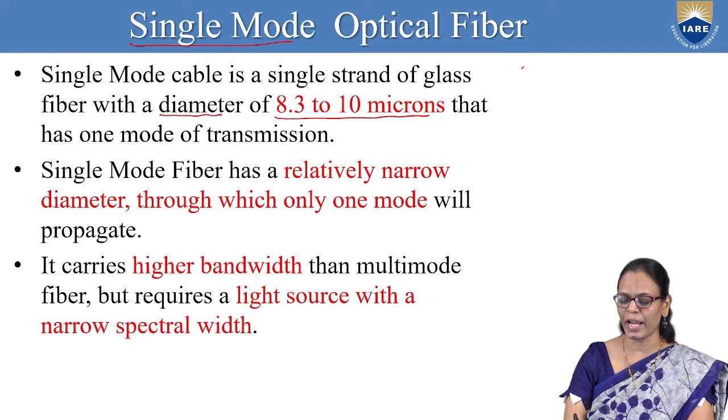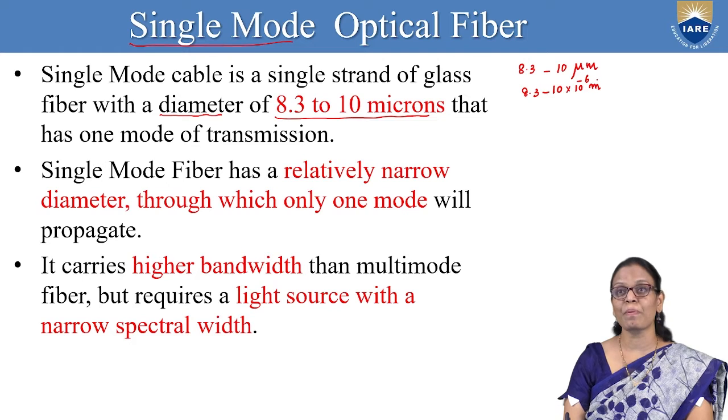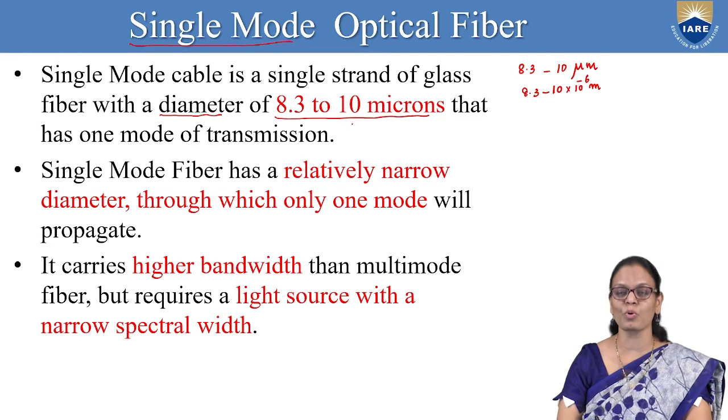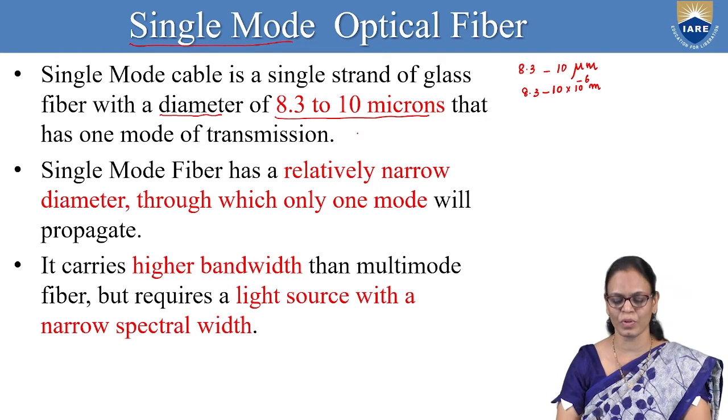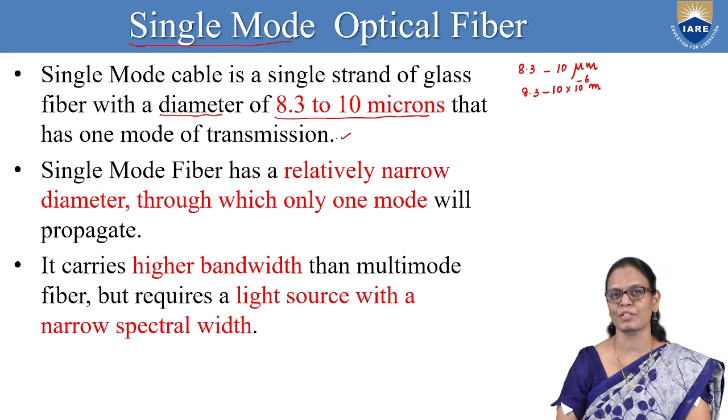Micron here means micrometer. Micro represents 10 power minus 6. So 8.3 to 10 into 10 power minus 6 meters. The diameter of the core is so small that it will have only one mode of transmission.